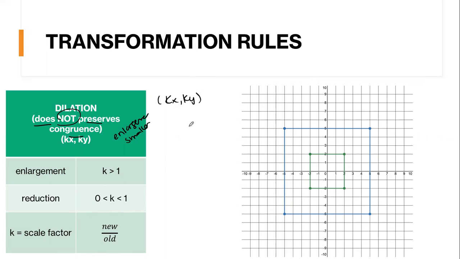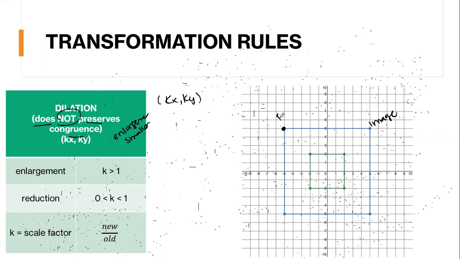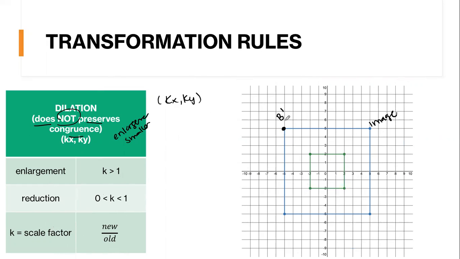How do I figure out how big or how small it got? New over old. So let's say that the blue one is my image. So let's say this is b prime. That's at negative 5, 5. And this right here is b. That's my pre-image, because it doesn't have the apostrophe. My pre-image is at negative 2, 2.